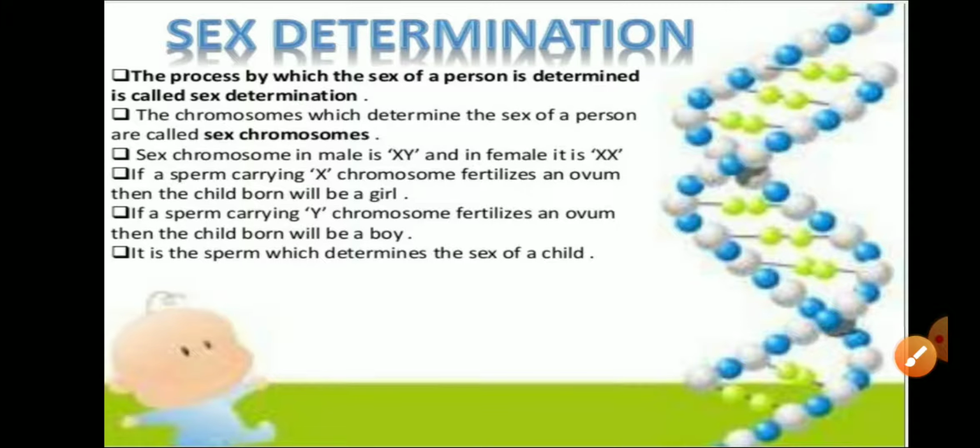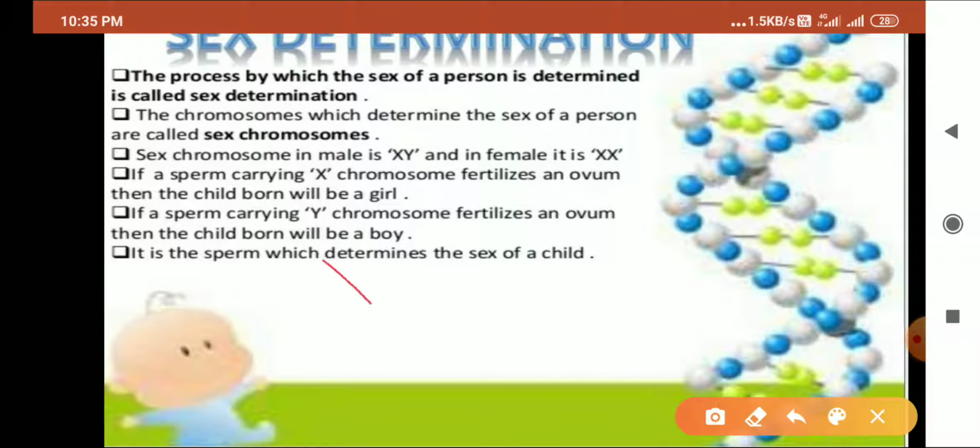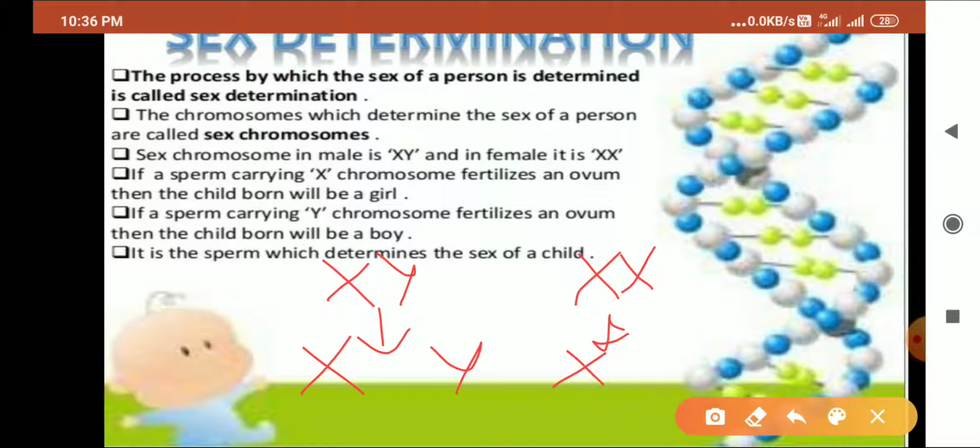So if we have the male partner, XY, and the female partner, XX, the male produces X and Y gametes, but the female gametes produced will all be similar. So when X fuses with X, it results in XX, and when Y fuses with X, the result is XY. So we have a 50% probability of a girl child and 50% of a boy child.